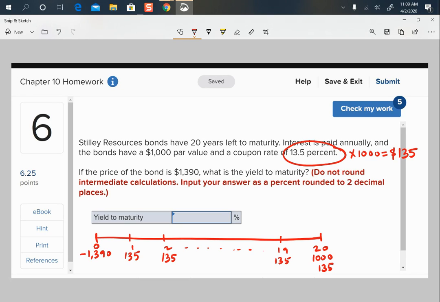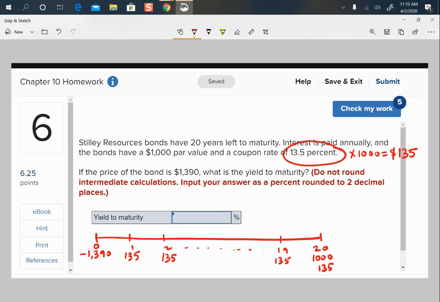So now we have the values. The best way to approach this problem in trying to determine the yield to maturity is, the easy one, to use a financial calculator. If you have no access to a financial calculator, then I suggest that you go through this using Excel.